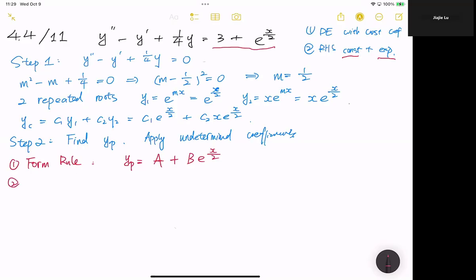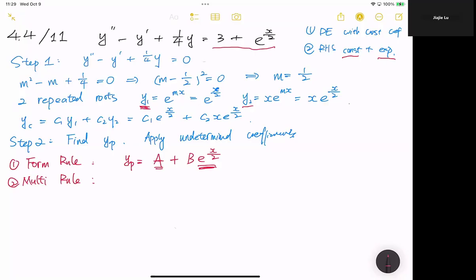After that, we need to use the multiplication rule to check if there's any duplicated terms. You can see here, the first term in yp is nothing but a constant, and our y1, y2 are not constants, so the first term is good. Then the second term, the main part is exponential x over 2, and you see it has duplicated with your y1.